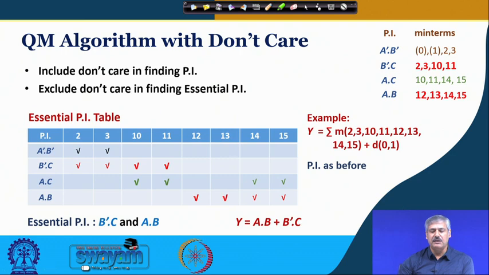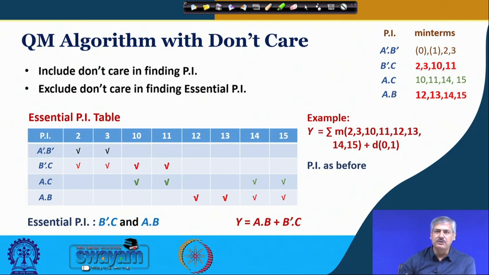So, how do we find the QM algorithm based simplified expression if there is a do not care case? Do not care means at the input side we do not care. We know these X's, which we had presented in the Karnaugh map. So, the method is simple: these do not cares we consider as min terms in the generation of prime implicants.